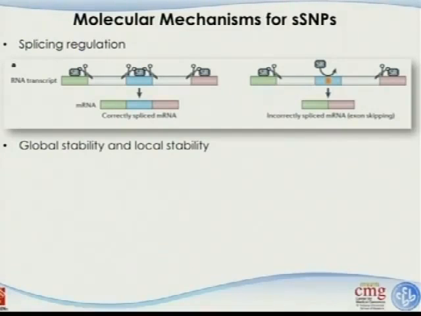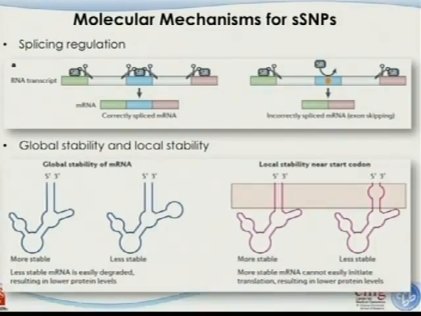The second molecular mechanism is the global stability and local stability issue. This is the messenger RNA, and we know that messenger RNA forms this type of secondary structure. The only difference between these two structures is that this one has a double-stranded RNA formation, but here there is a hairpin loop, a bulge.